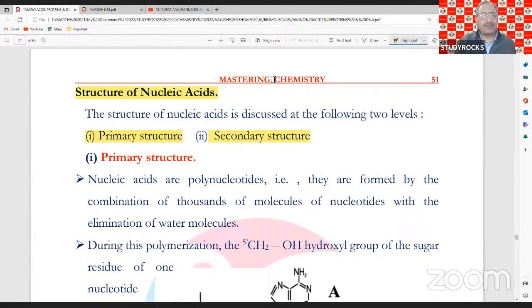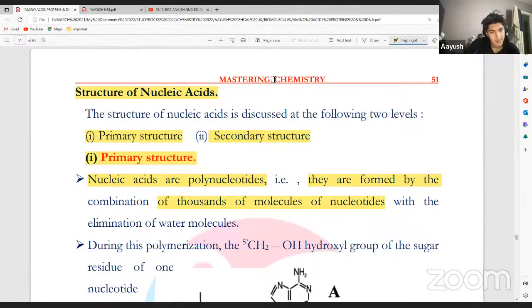The meaning is also the same. Primary tells us the composition part, and secondary tells us the conformational part, how it is arranged. So, primary structure: nucleic acids are polynucleotides, formed by the combination of thousands of nucleotide molecules.